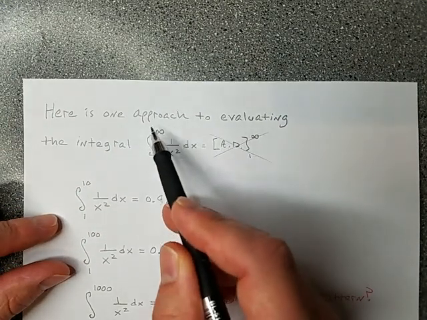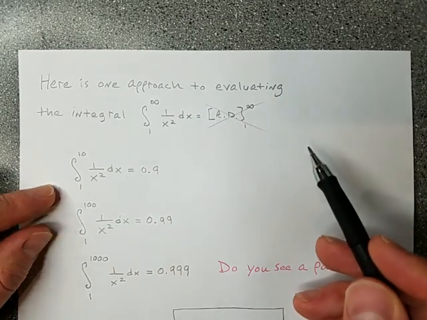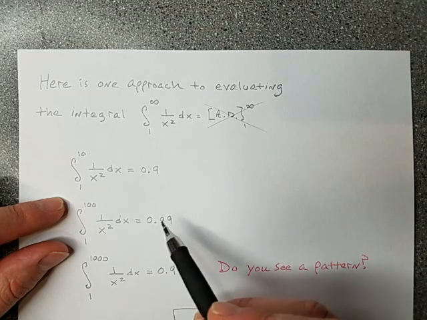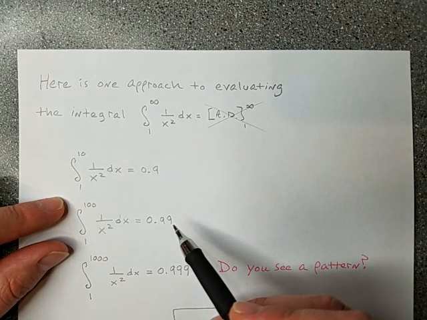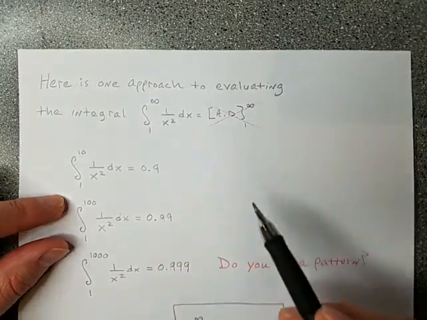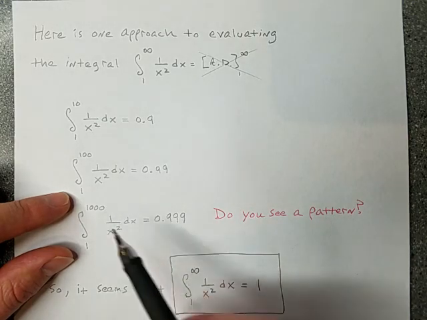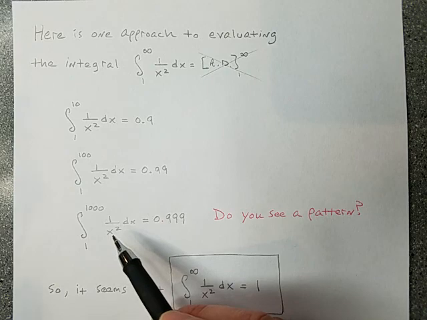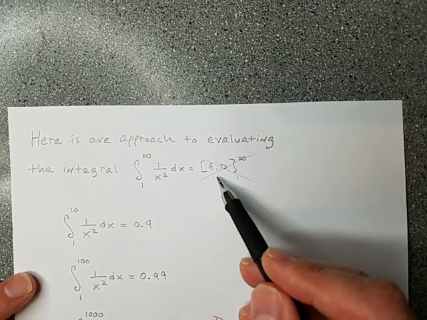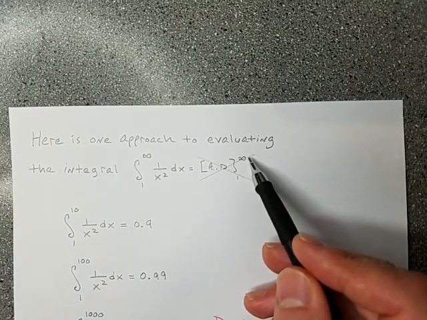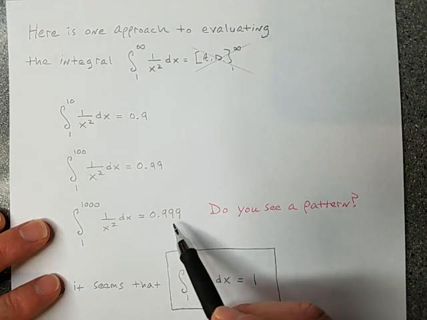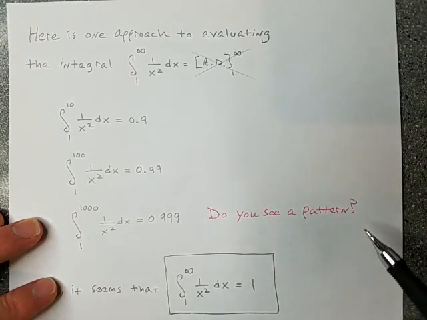Now I'm trying to get a glimpse of infinity, so I'll go from 1 to 100, and I'll work the integral again: 0.99. I'm trying to get to infinity, so I'll go a little further, 1 to 1,000. I work this integral with the fundamental theorem of calculus, I find the antiderivative, I put in 1,000, I put in 1, I do the math, and I get 0.999. Do you see a pattern?